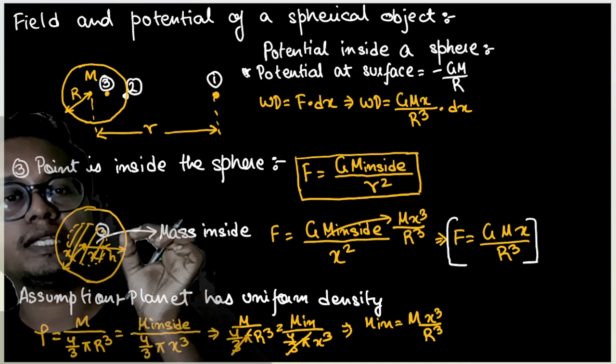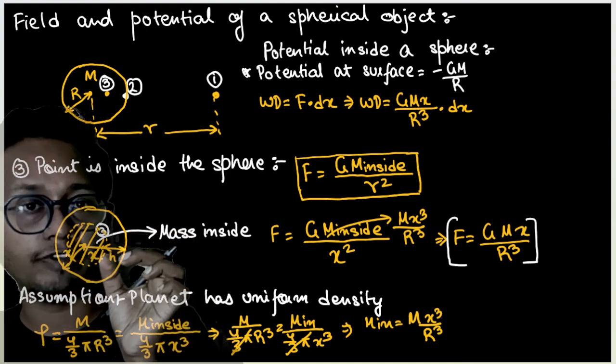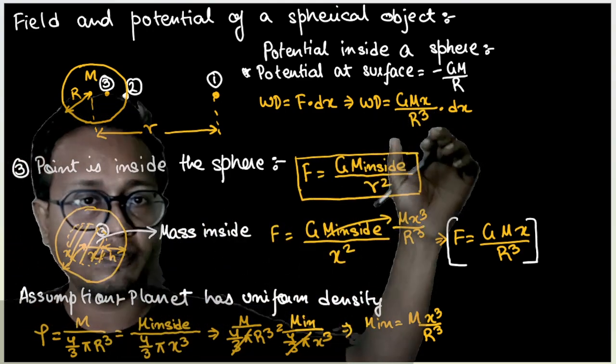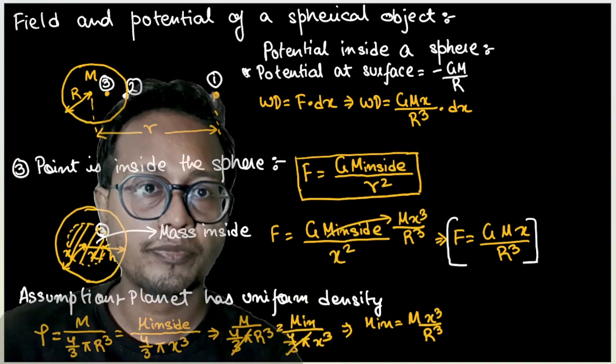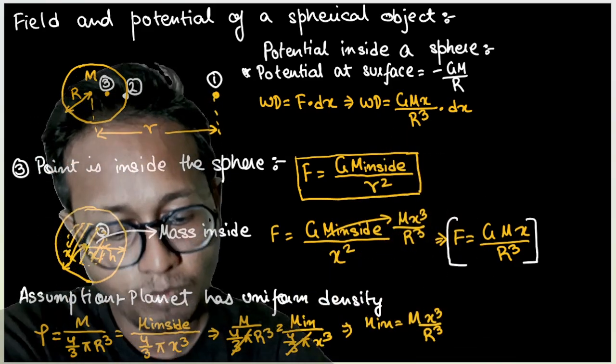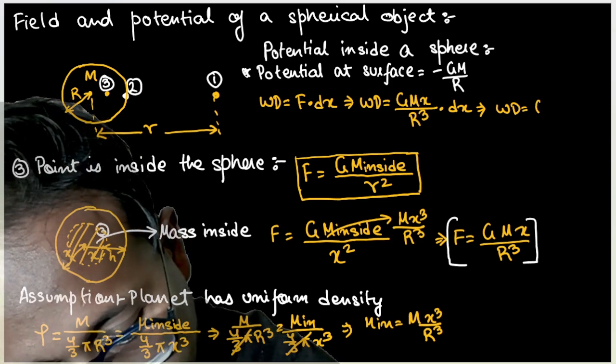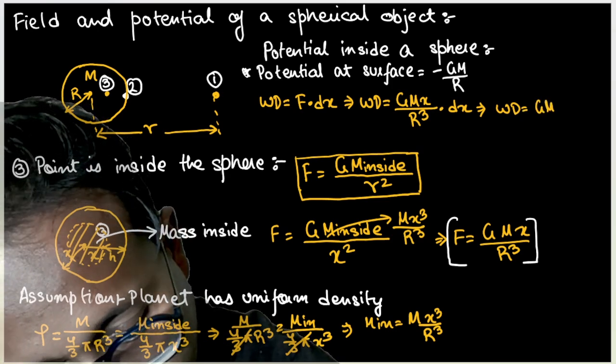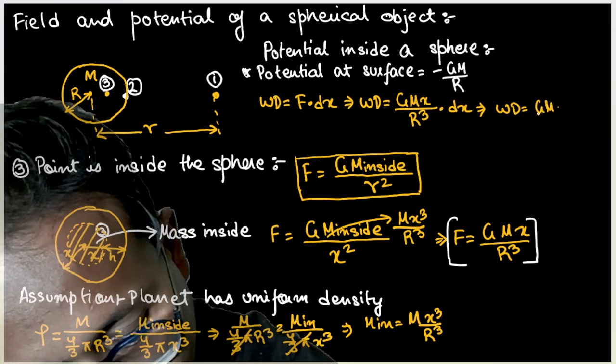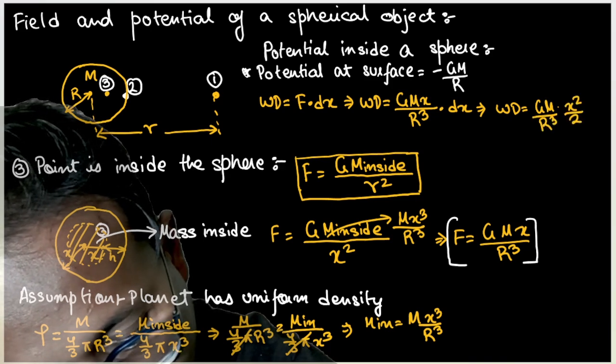Sometimes instead of using x, somewhere they use the variable h, somewhere they use x. Both are the same thing. When you integrate this, work done is nothing but G m, x square by 2 divided by r cube, isn't it?